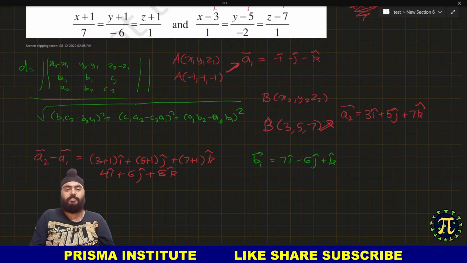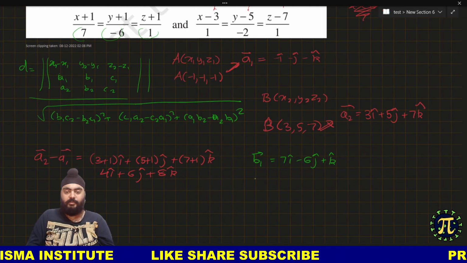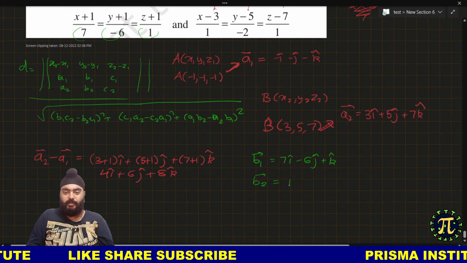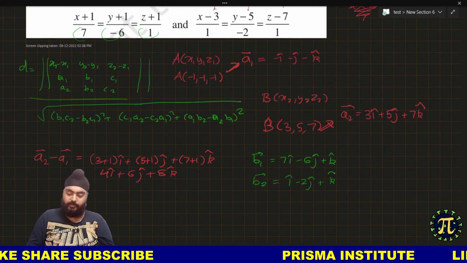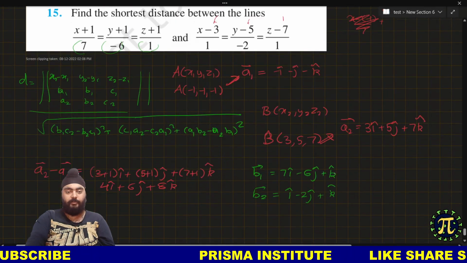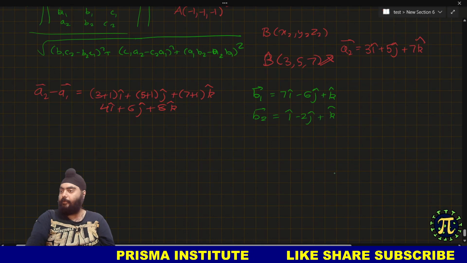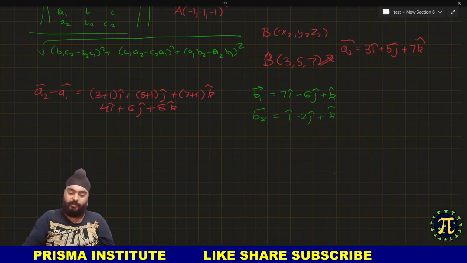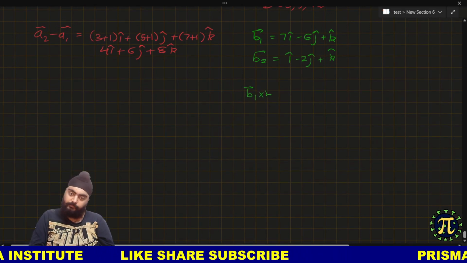I noted it from the denominators, the direction ratios of line 1. And b2 vector, the direction of line 2, is i cap minus 2j cap plus k cap. Okay, so in this way you can find it. You can remember just one formula, let's say the vector form, and you can do the question in vector form only.